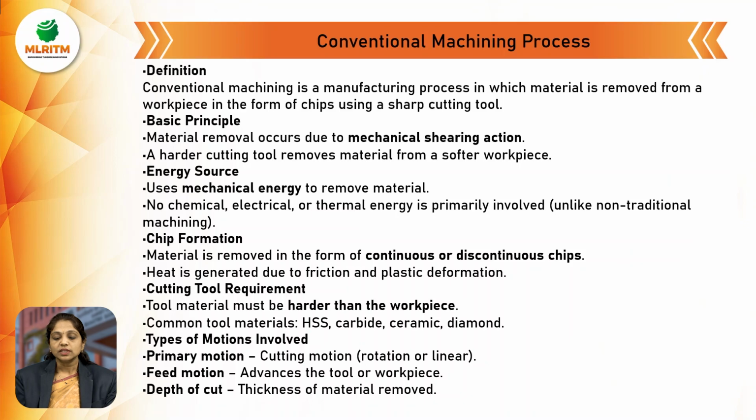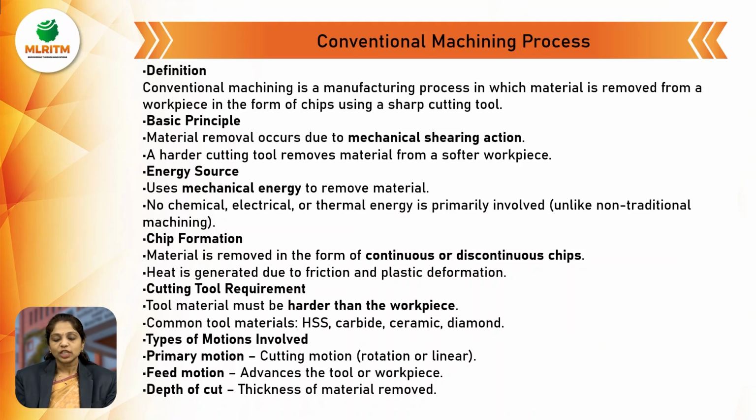First we'll see the conventional machining process. What is the definition of the conventional methodology? It is a metal removal process from the workpiece in the form of chips by using sharp cutting tools. These cutting tools are single point or multi-point cutting tools. What is the basic principle behind this methodology?